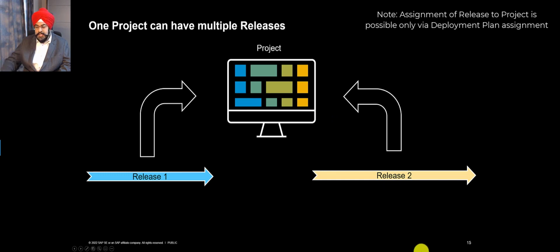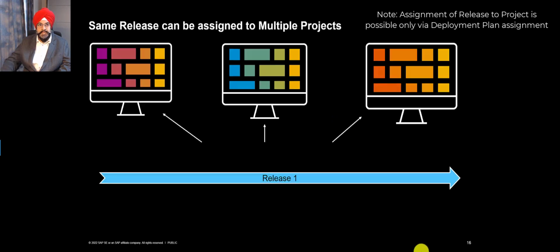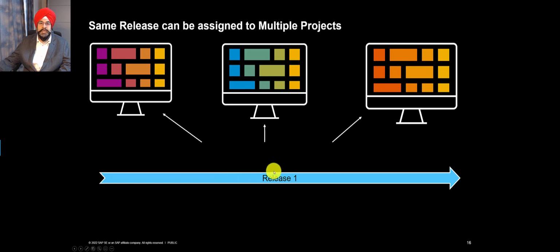But it can also work the other way around. That means the same release can be assigned to multiple projects. And that also is very true. Actually, that helps align a global timeline to local timelines so that people can align on the same end dates and deployment events. So without making it too theoretical, let's go to the system.